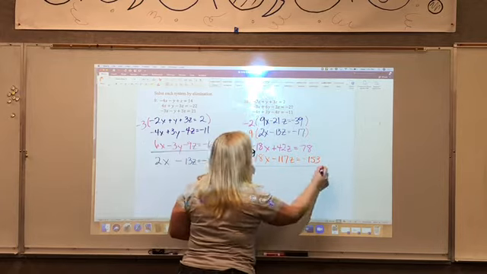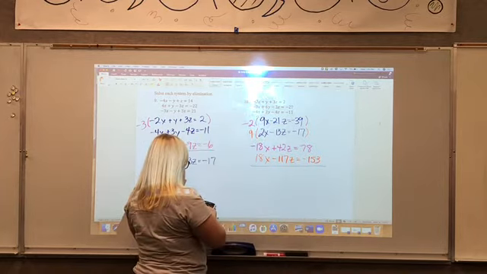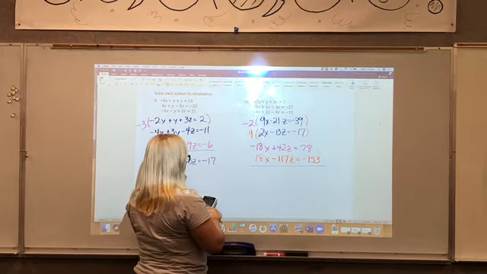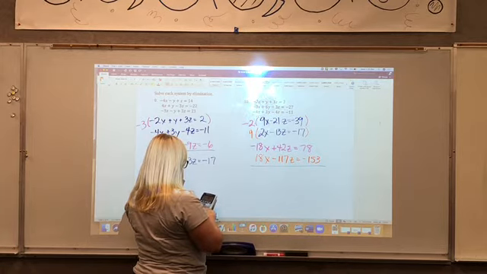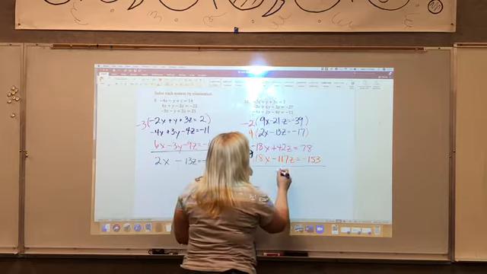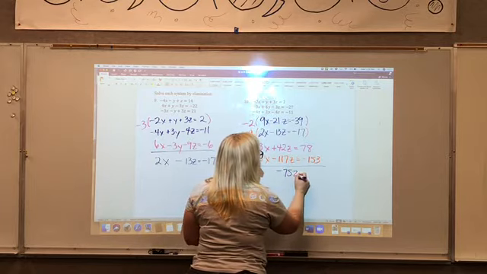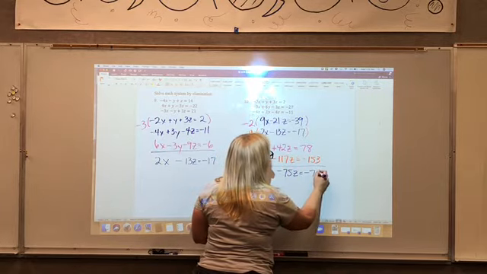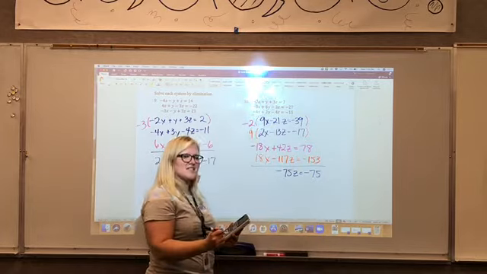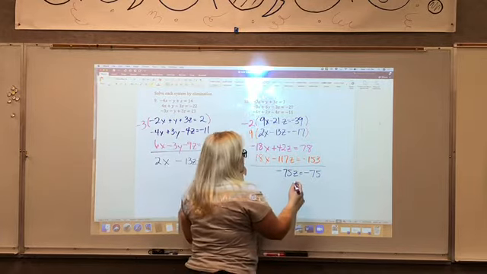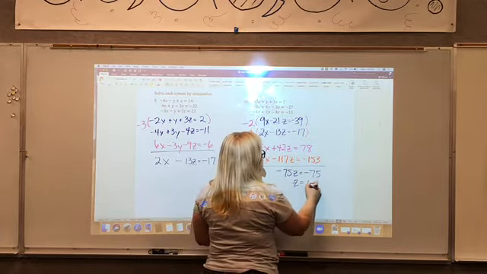So now when I add these together, I have -75z equals -75. Isn't that nice? That's so nice. So z equals 1.